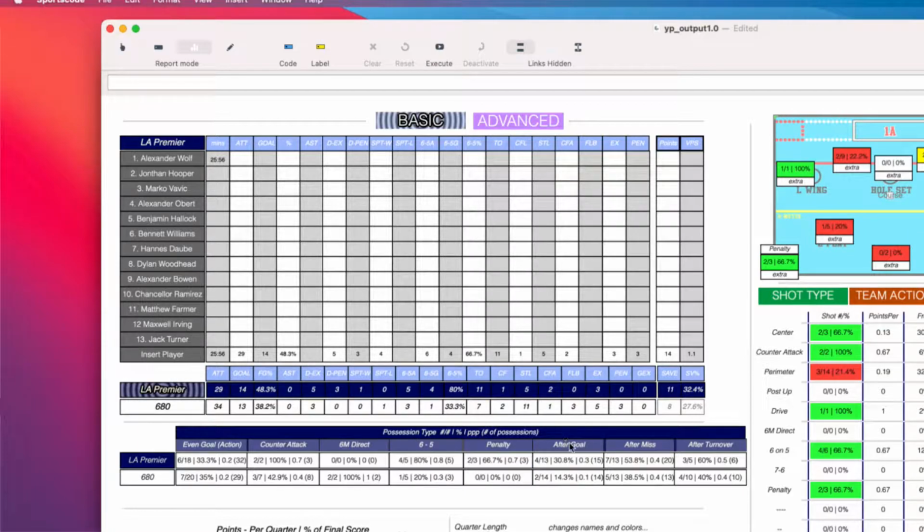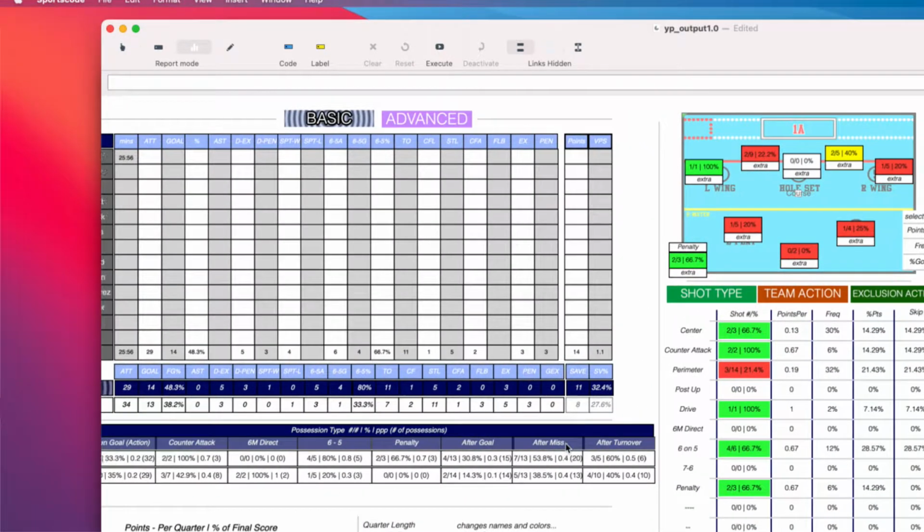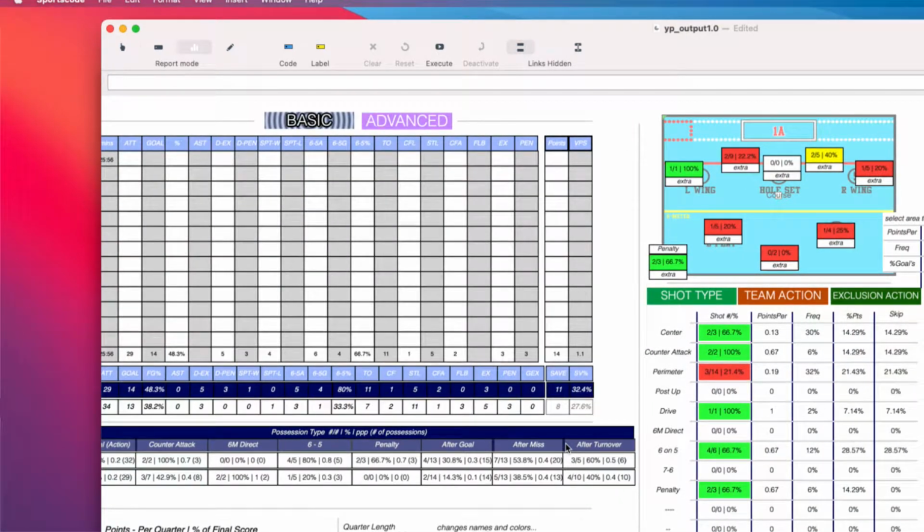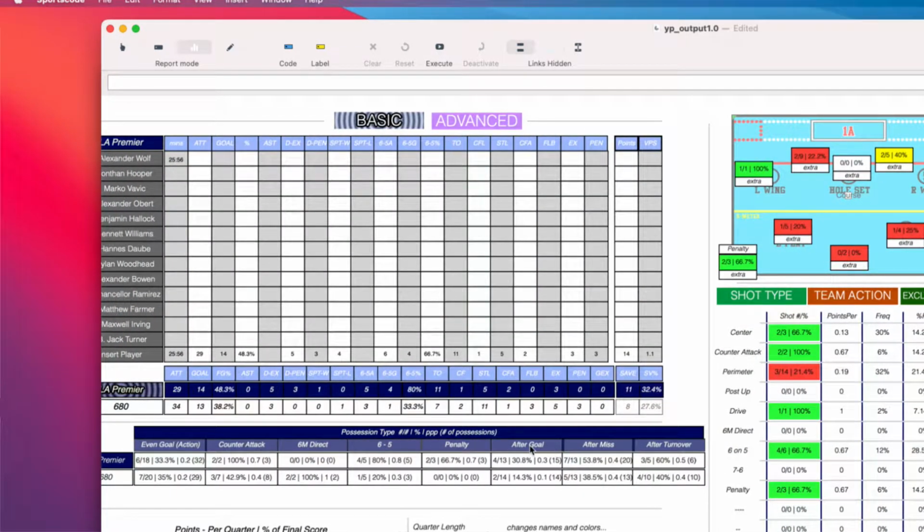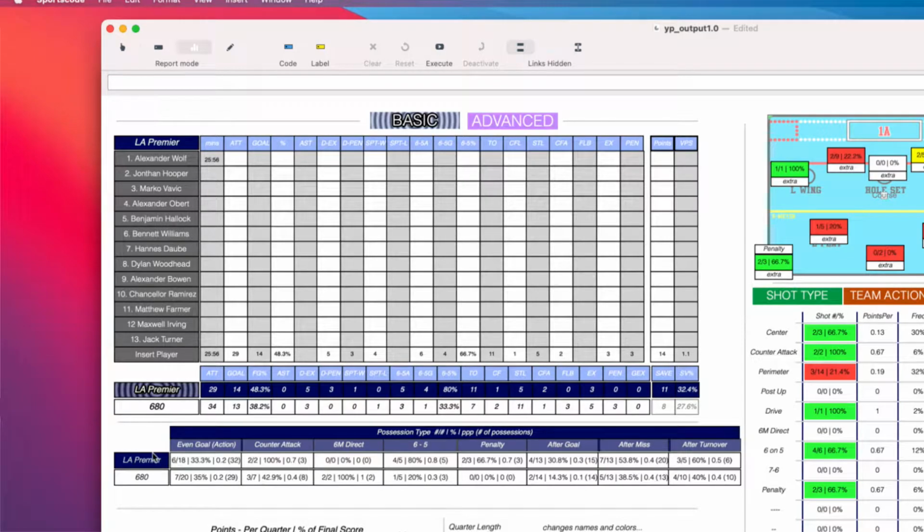Now, if you want to look at how teams transitioned out of positions: after 680 scored, LA Premier was 4 for 13 shooting with 15 attempts. 680 was 2 for 4, so both were about the same after goals, but this is where you see the big ones.